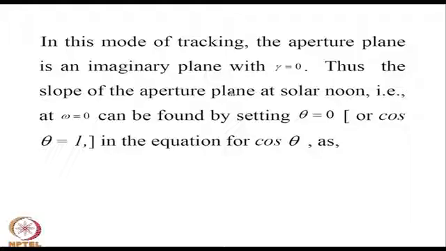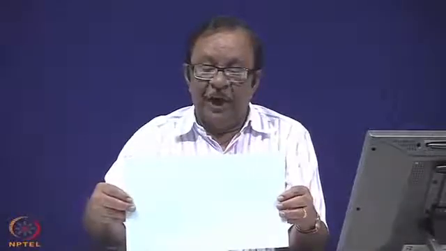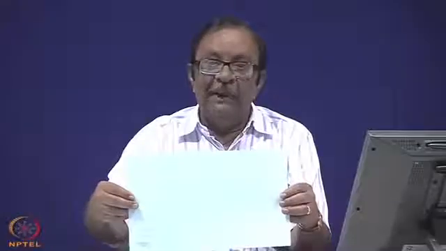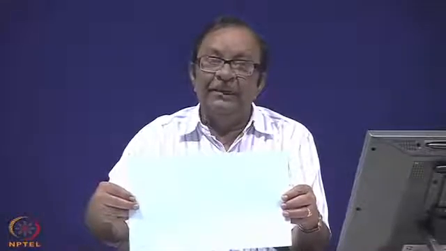So, if you want me to demonstrate it, let us say this is the aperture plane, there is a parabola behind it, and to my left is the east and to my right is the west. So, I make one simple adjustment per day, that means the slope beta is chosen such that the sun's rays are normal to the plane at solar noon. If for example, in December when the sun's rays will be pretty low, I will have a higher slope, and in summer it will be a steep sun, so I may have a lower slope.